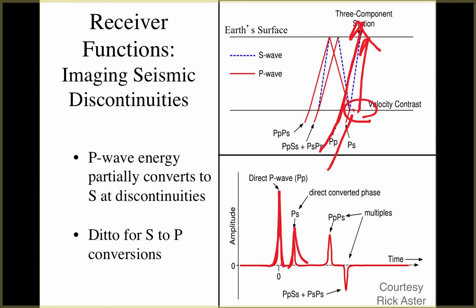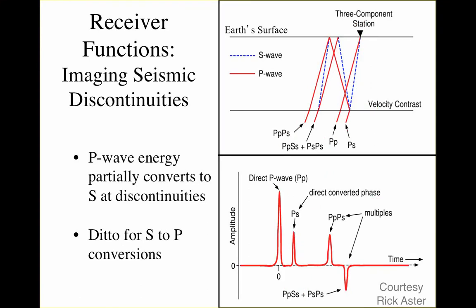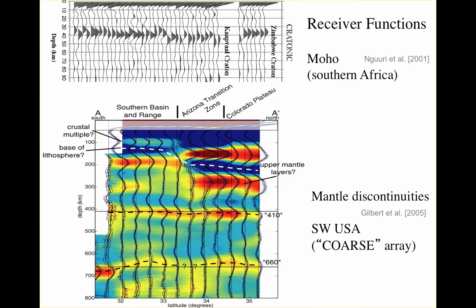We can have what we call multiple events, where a wave will come up, bounce down, bounce back up to the surface, and these multiples will confuse our image. But the principle is that we will have direct P waves and we'll have delayed waves due to the S conversions. By forming an image of these converted phases, we can produce an image of the converters in the subsurface, the boundaries, such as the moho, where these conversions take place.